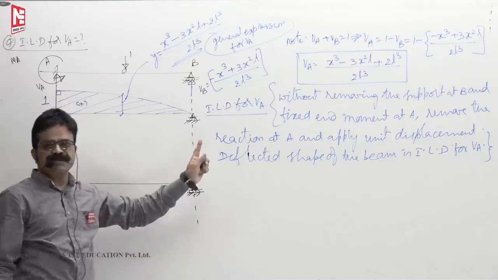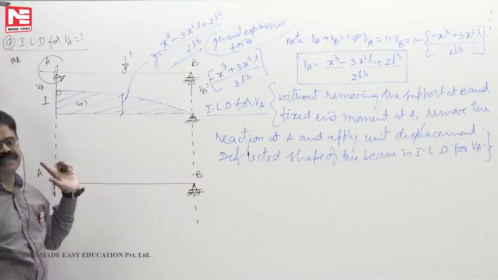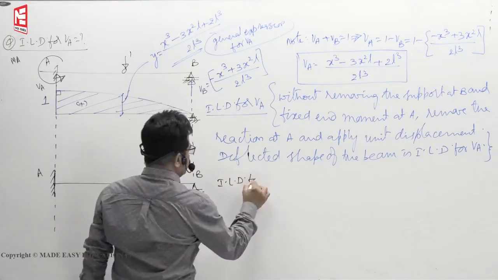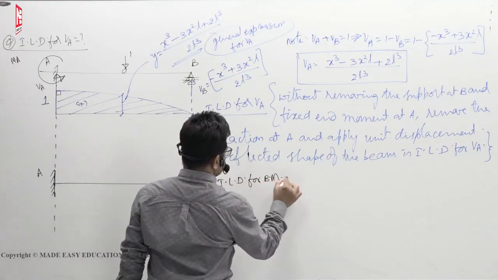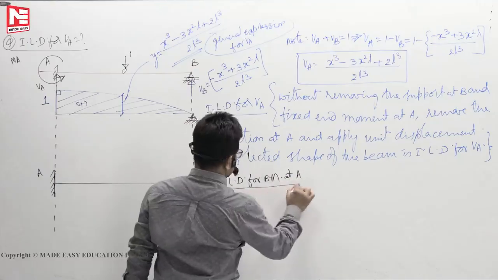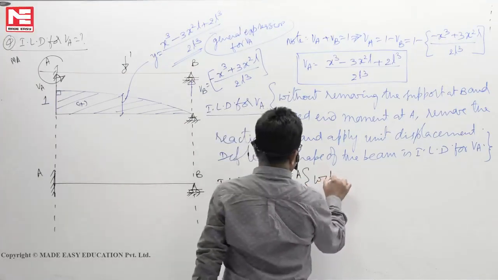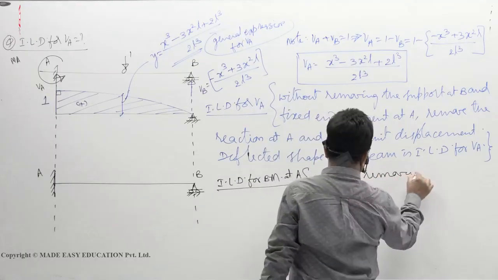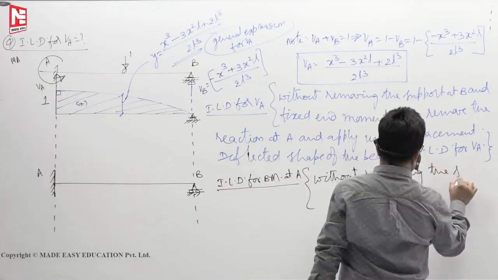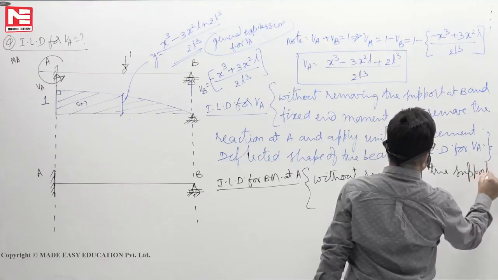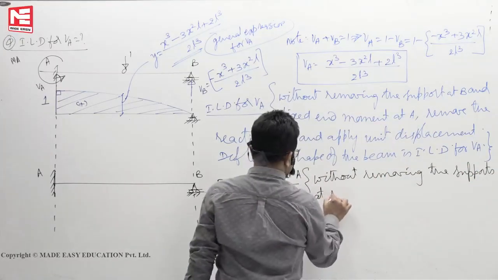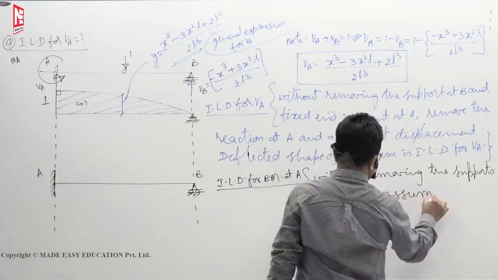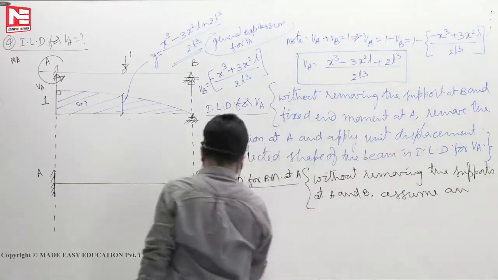The deflected shape of the beam itself is the ILD for moment at A. This is the ILD for bending moment at A. This is the process: without removing the supports at A and B, assume an imaginary hinge.